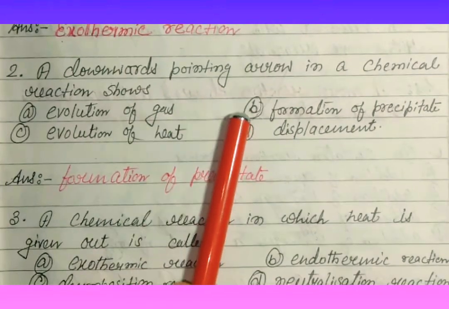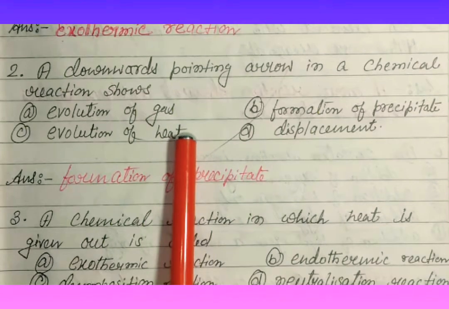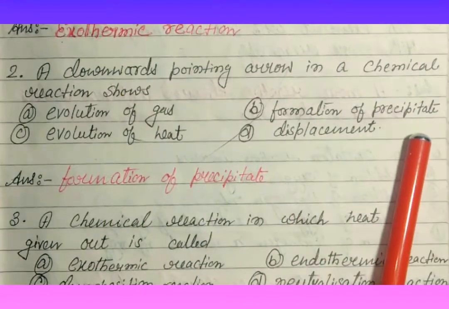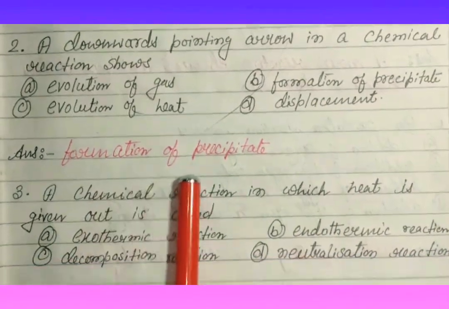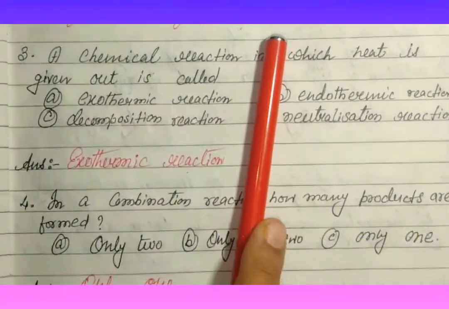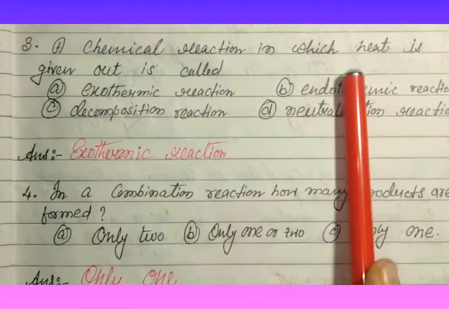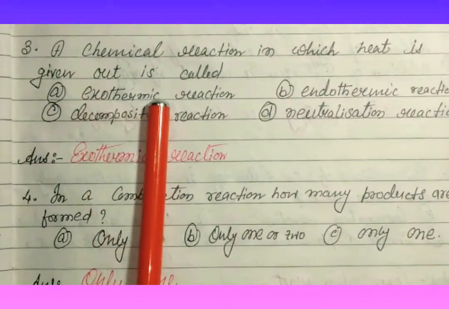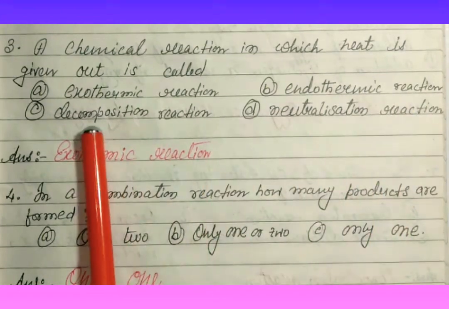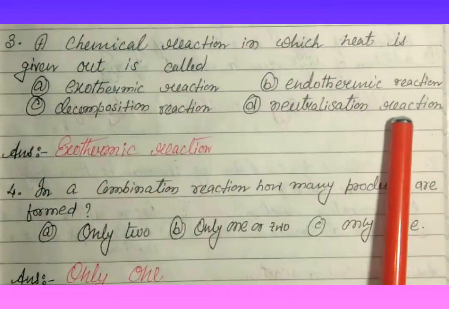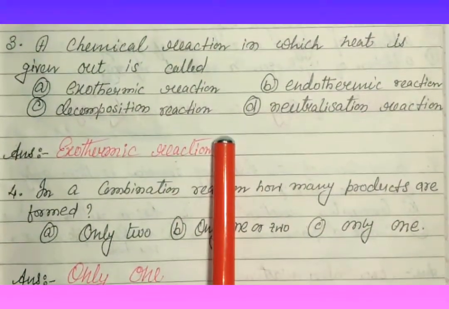A downwards pointing arrow in a chemical reaction shows: evolution of gas, formation of precipitate, evolution of heat, displacement. The answer will be formation of precipitate. Question number 3. A chemical reaction in which heat is given out is called: exothermic reaction, endothermic reaction, decomposition reaction, neutralization reaction. The answer will be exothermic reaction.